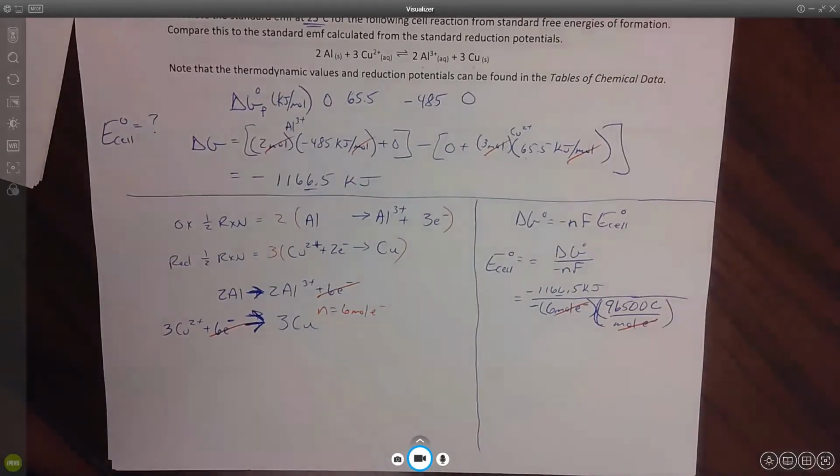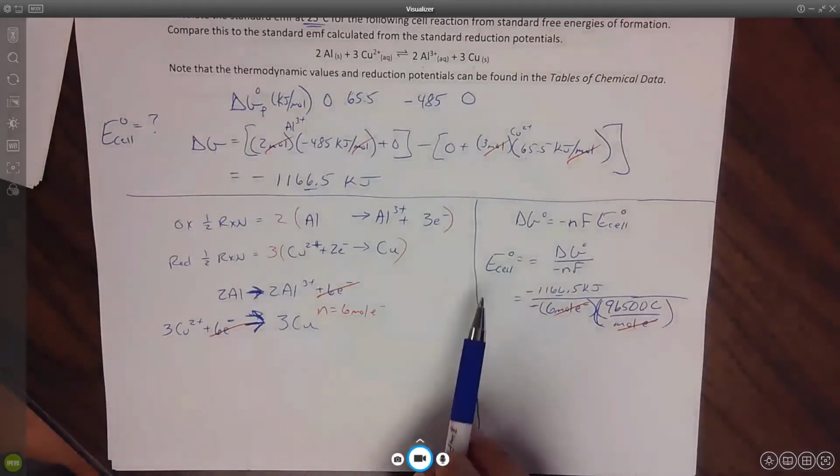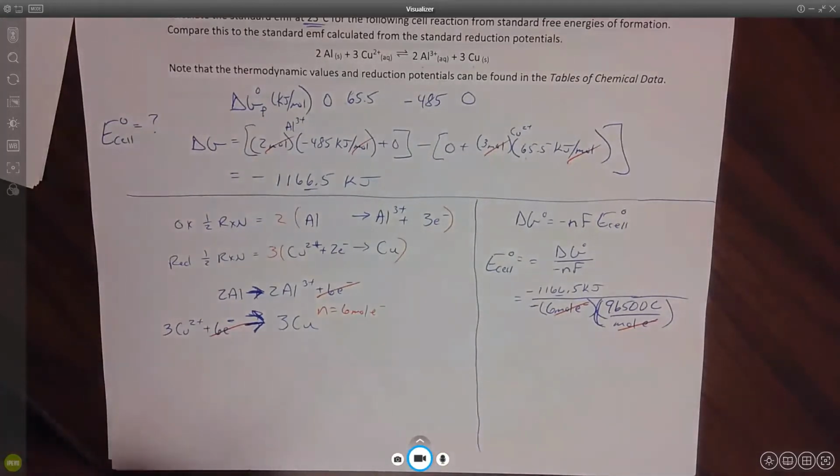Okay. What units do I expect for E cell naught? Right now I have kilojoules per coulomb. What units do I expect for E cell naught? Volts. Yeah, volts, right? We don't have volts yet.